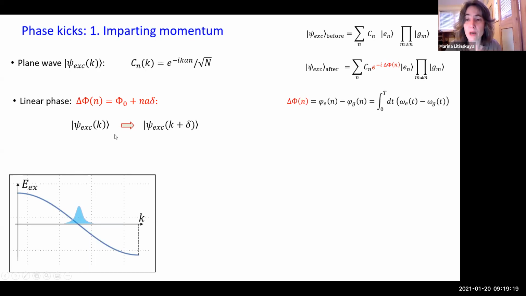Okay, so what can this be good for? So assume that we have some excitonic wave packet. If it is just one exciton with a wave vector k, we add momentum delta. If it is a wave packet made of several k states, then we add momentum delta to each of these k states. What can it be good for? Well, for example, let's consider an excitonic wave packet which is sitting here at around k equal to 0.